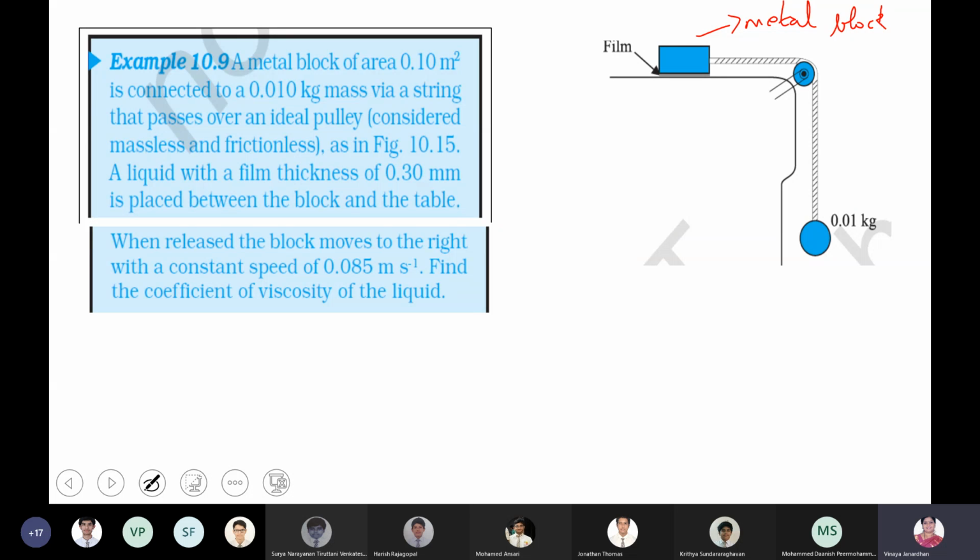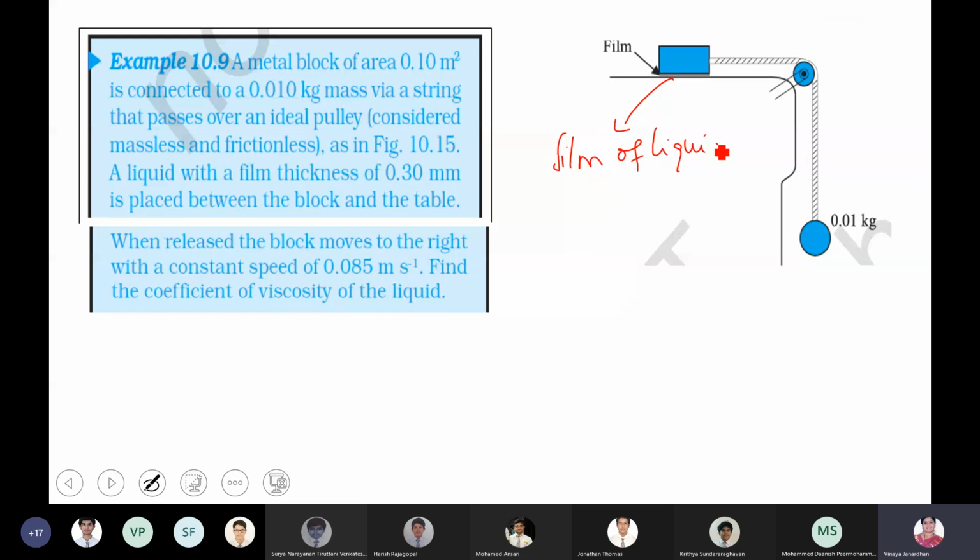Which means, boys, I'm just redrawing the liquid. Is that clear, boys? So you have a block, and I'm just blowing that up. This is the liquid layer.